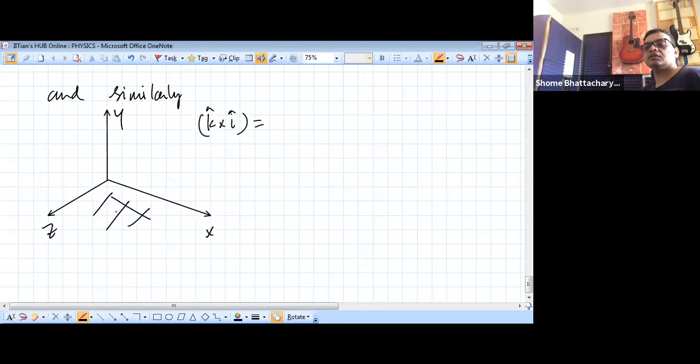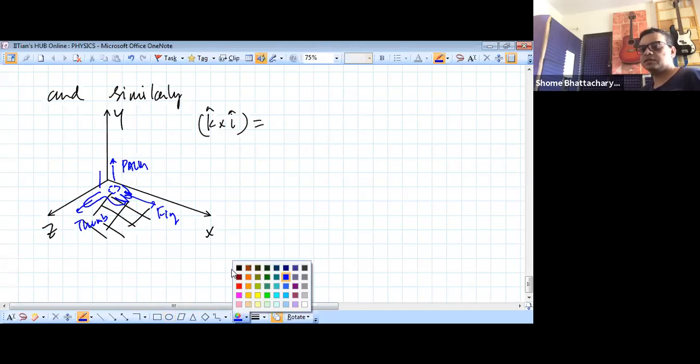This is the floor on which you are sitting. Okay. So now if you do k cross i, how will you have to orient your hand? You'll have to place your hand on the floor such that your right hand thumb is pointing like this, and your fingers are pointing like this. So your palm will be facing upwards. This is where your thumb is facing, this is where your fingers are pointing. So your palm will be pointing upwards, that is along the y-axis.